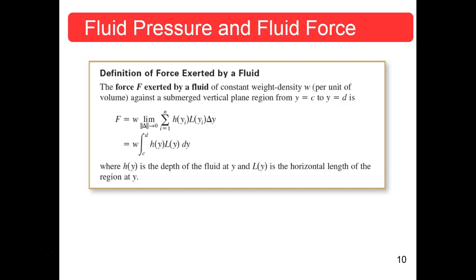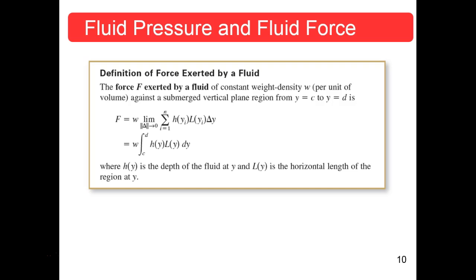Okay, I got it. The y is a division of the plate. The plate is submerged somewhere, so how deep it is into the fluid depends on the y along the plate.